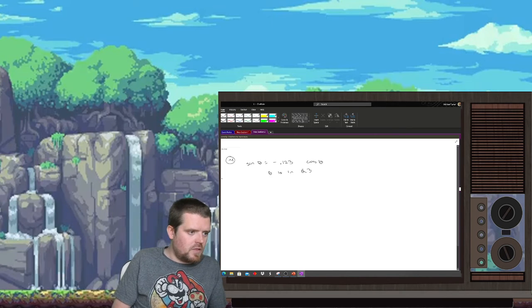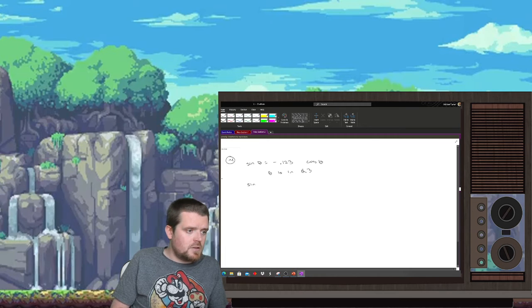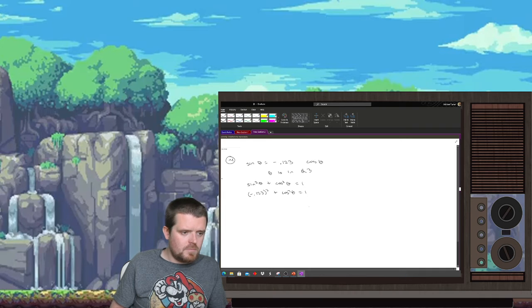So same thing. The goal is that you are using your Pythagorean identity. So that would be sine squared theta plus cosine squared theta equal to 1. Plug in your negative 0.123 squared plus cosine squared theta equals 1.